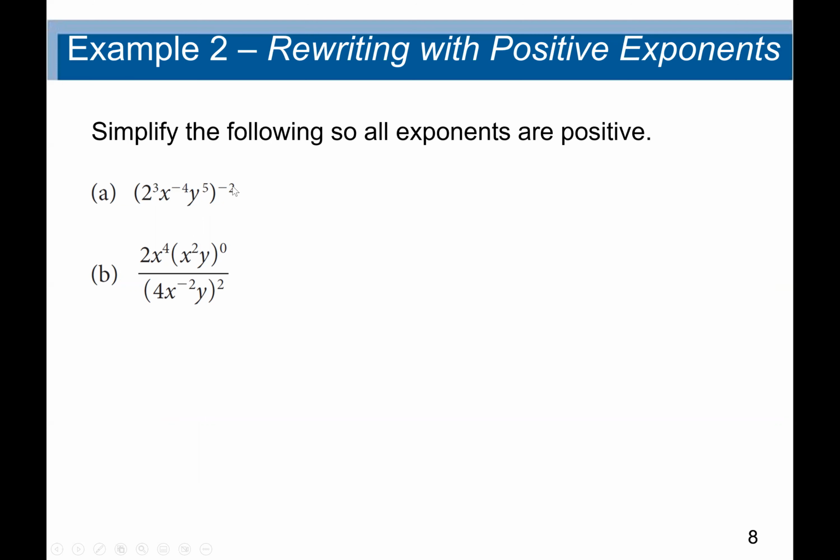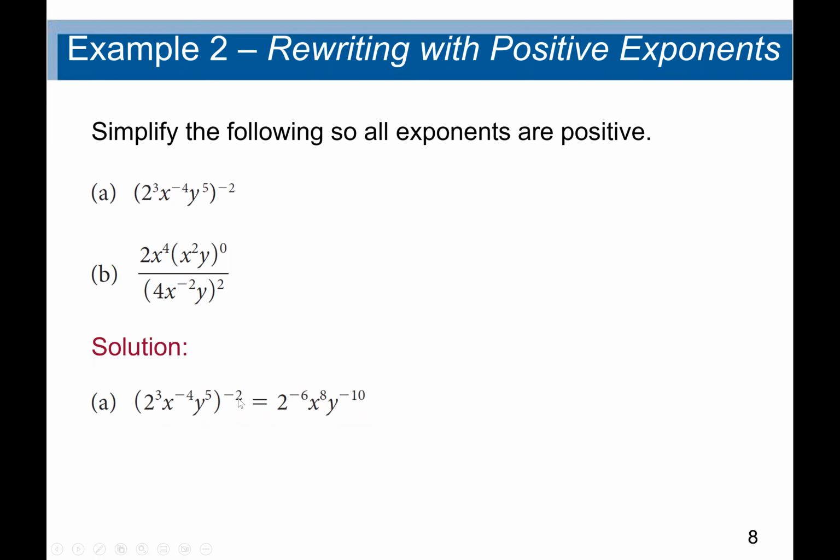Or I can multiply negative 2 by all the exponents. Then we find the reciprocal individually if necessary. Anytime we have a negative exponent, we find the reciprocal. If we have no negative exponent, then we don't need to find the reciprocal. And that's the best way to solve this problem.